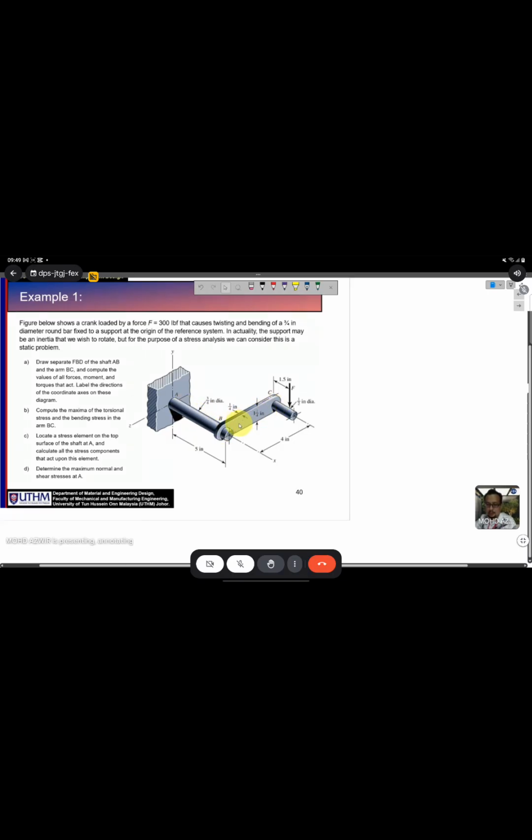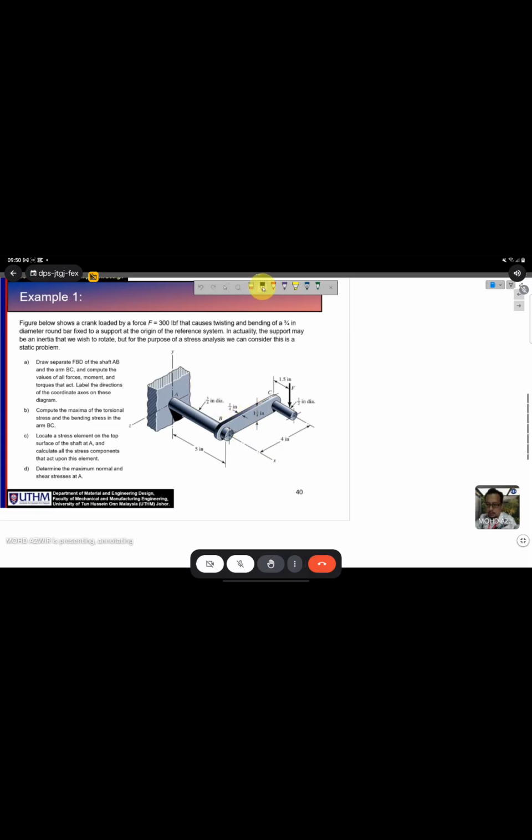So it's much easier if you calculate at the arm, because the arm's location is near to the force given. So you need to calculate at this arm BC first, and after that transfer all the forces acting at the arm BC to the rod. If they ask you to calculate at A only, then you need to transfer this force to the end of B, with no need to calculate C. But in this case, they ask you to calculate both components, BC and AB. So you calculate BC first.